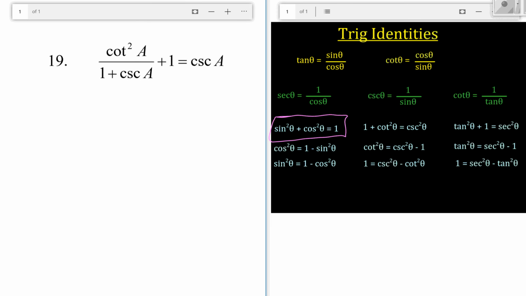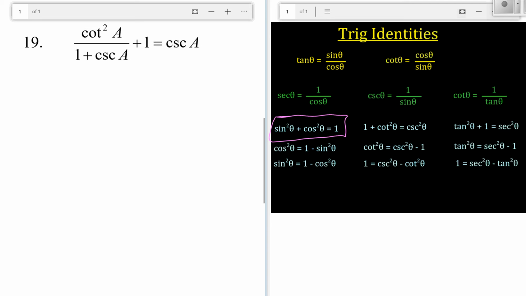This one we've got cotangent squared a over 1 plus cosecant a, plus 1, and all of that should eventually get us down to cosecant a. There are a couple of different ways that I have solved this problem. I'll show you the quicker way, but this is not the only correct way. The first time I did this problem, I changed this 1 into 1 plus cosecant a over 1 plus cosecant a. I'll show you the first step, but then I'm not going to finish it. You can finish this one out on your own if you want a challenge.